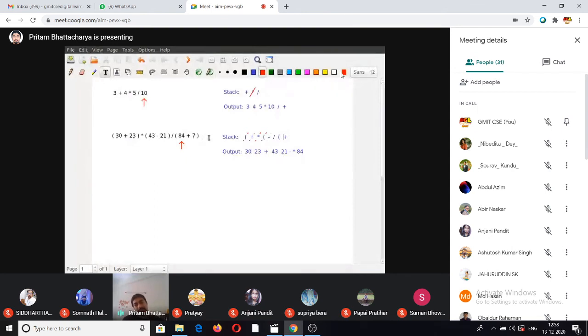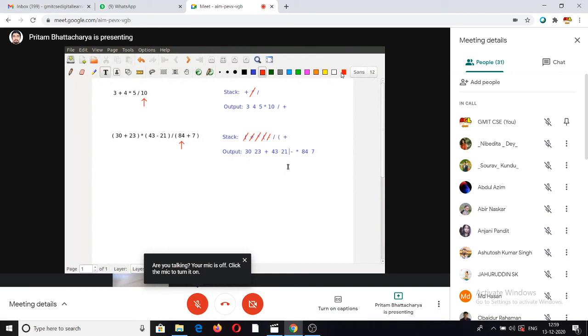And then you have 7. So 7 being an operand, once again, push it in. And now, finally, I have reached the end of the input and I have reached this closing parenthesis. So what was the rule for closing parenthesis?